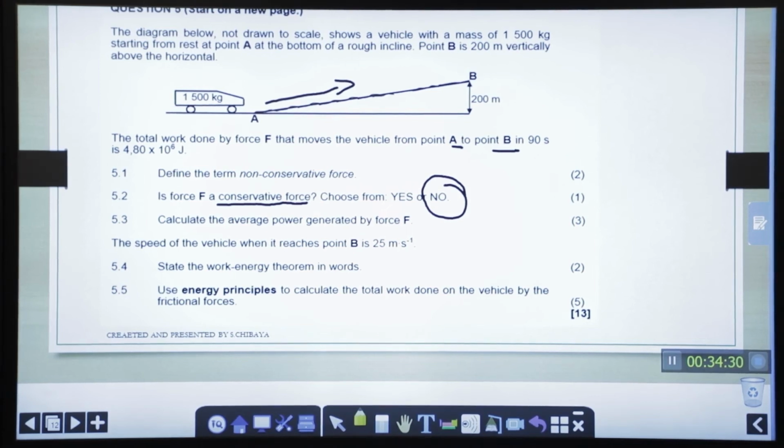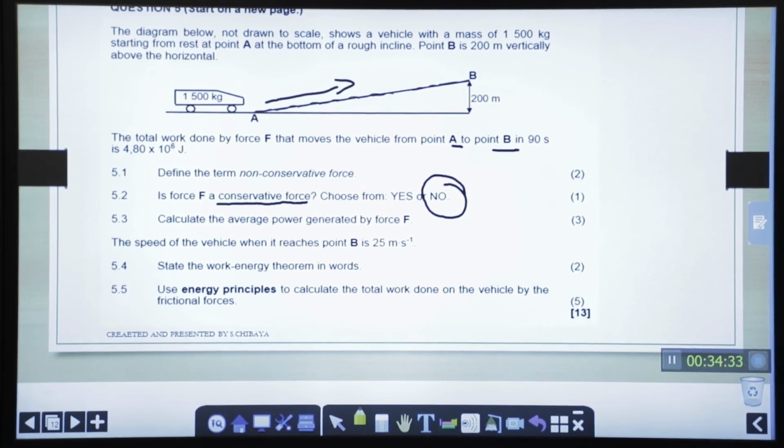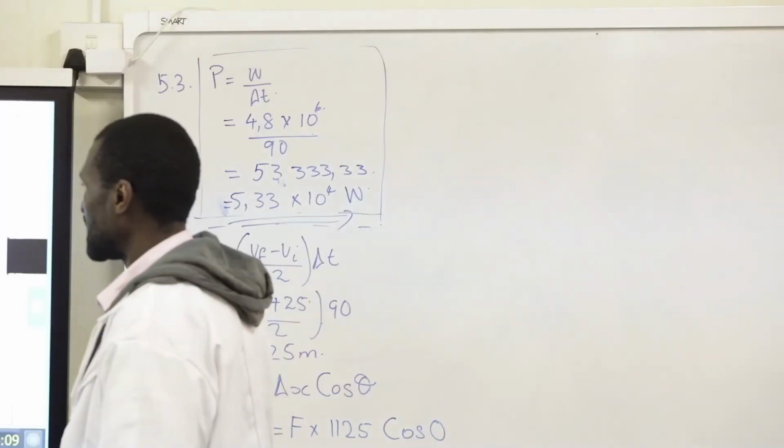My force is the one that's up there, 4,266,66, times the average velocity is given by 0 plus 25 divided by 2, which gives me again an answer of 5,33 times 10 to the power of 4 newtons. Voila! There you got your answer, all right, with 3 marks.